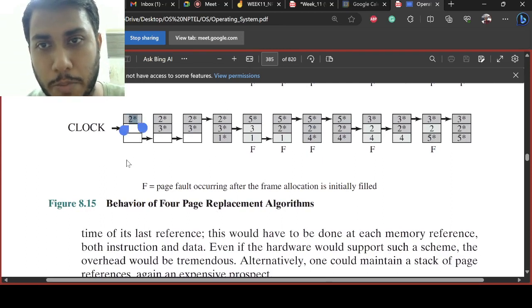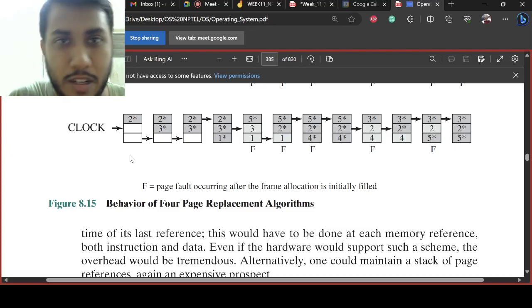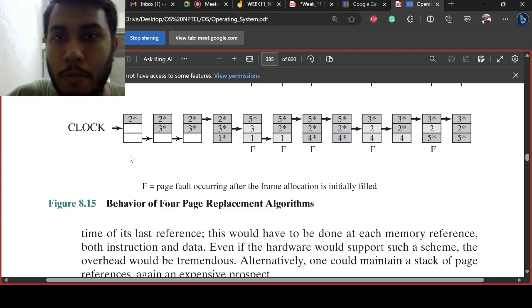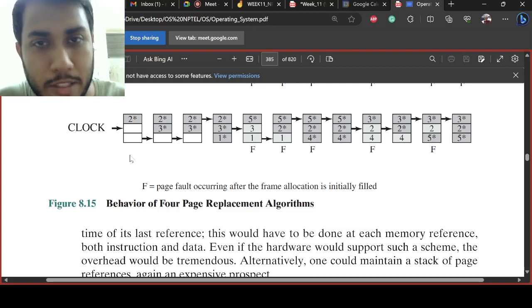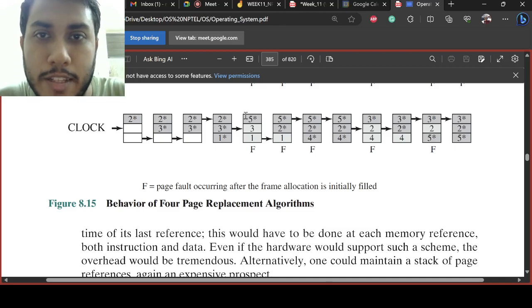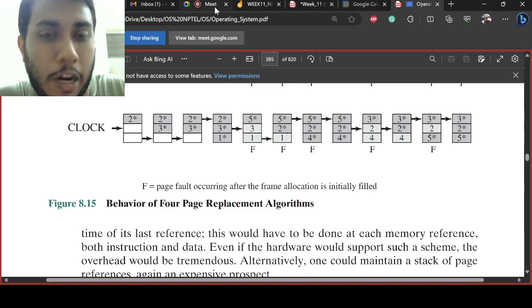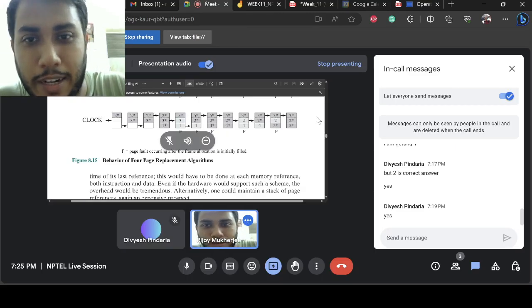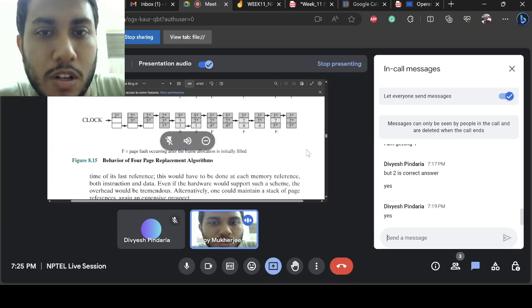You notice this part: this is a counter to maintain the 0 1 concept here. You remove the one which has not been previously used and reset all of them to 0. See, when 5 comes there is a fault, and at the same time you update 5 and change the bits of the others, from 1 to 0 or something. That's what I meant to say. So this is your clock example.